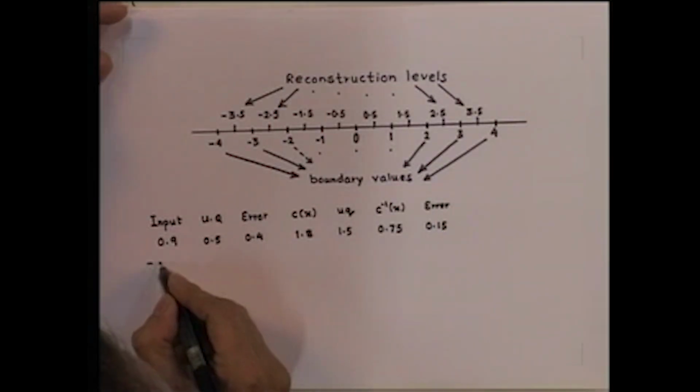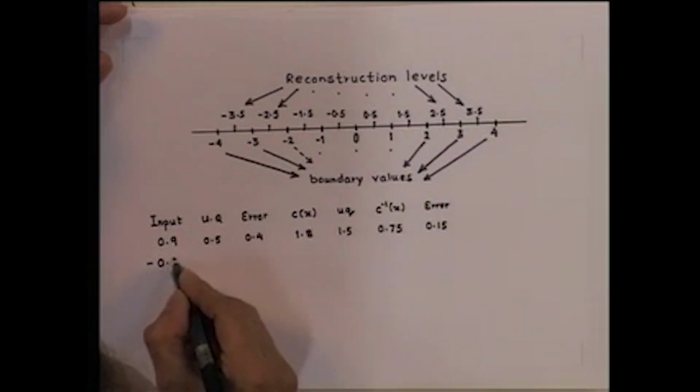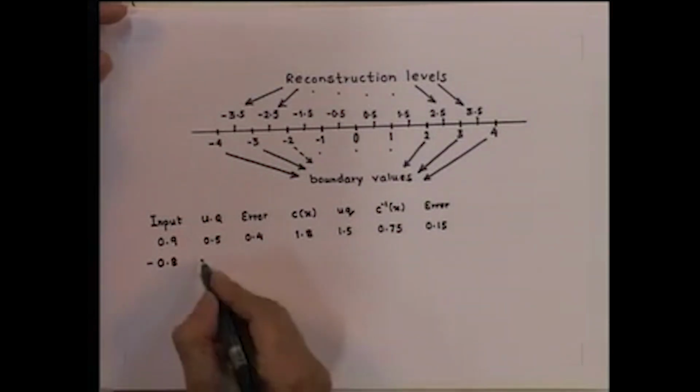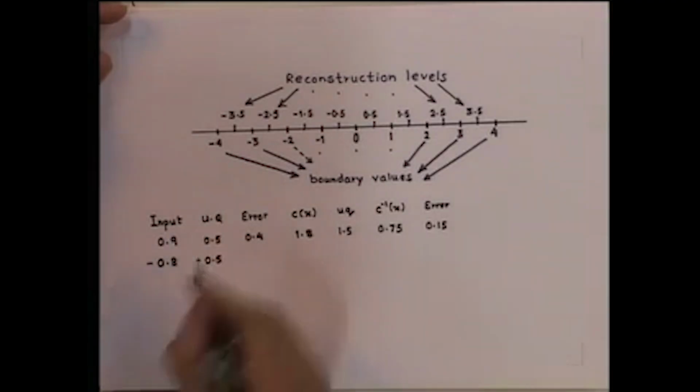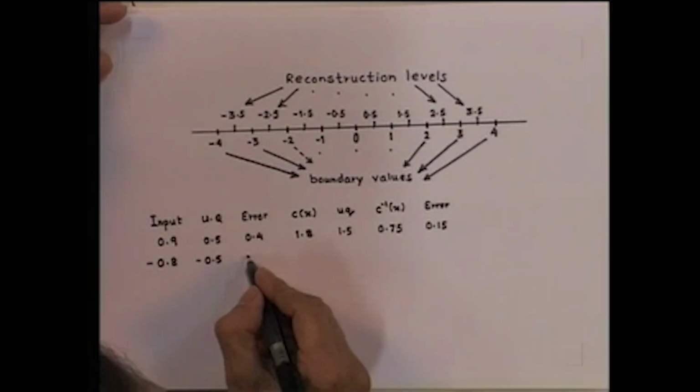Similarly, if we take minus 0.8, this would be quantized to minus 0.5 without the compander. So, the absolute error would be 0.3.